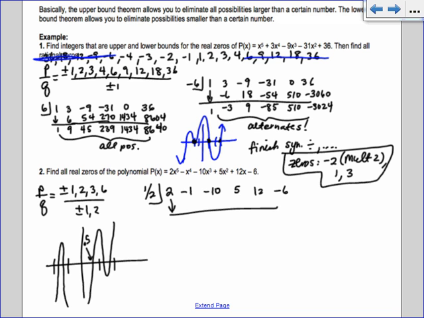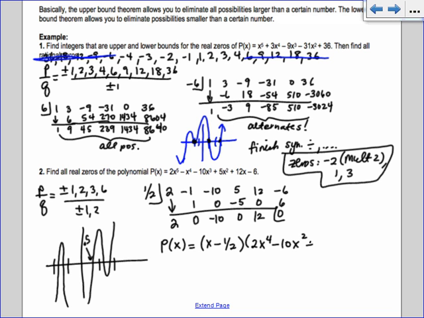So just stop, okay? So when I do 1/2 times 2, what do I get? 1, and I add straight down and I get 0. So 1/2 times 0 is 0. Add straight down, I get -10. So we're good so far. -5, 0. 1/2 times 0 is 0. 12, 6. It worked, okay? So how this factored is x minus 1/2, and then 2x to the 4th minus 10x squared plus 12.